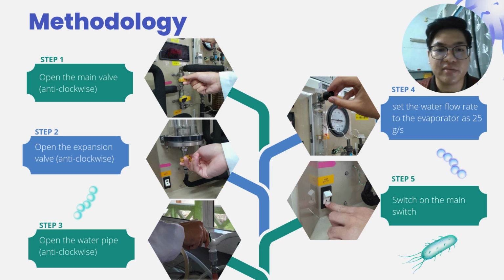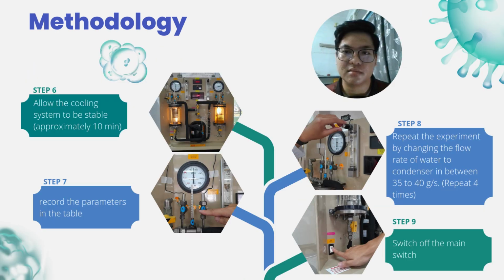In step 5, you have to switch on the main switch. Step 6, allow the cooling system to stabilize for approximately 10 minutes. After that, record all parameters, which are the pressure gauge and the temperature, in the table given.